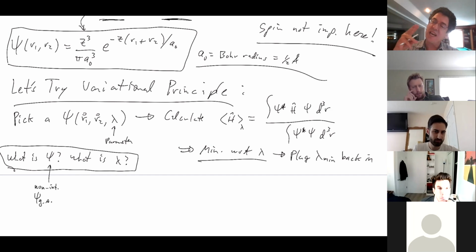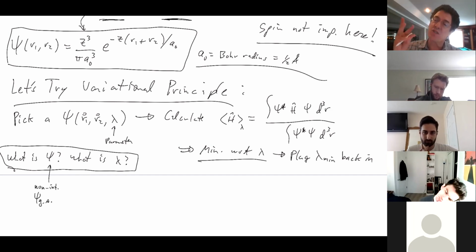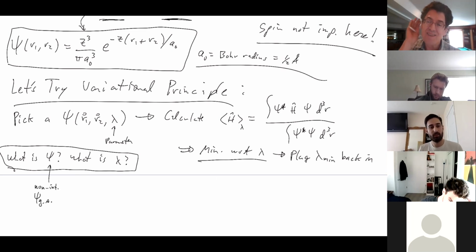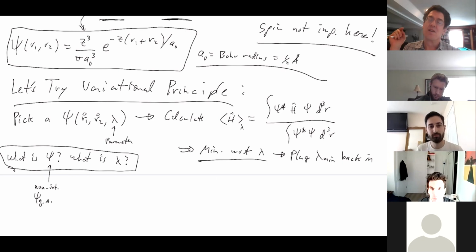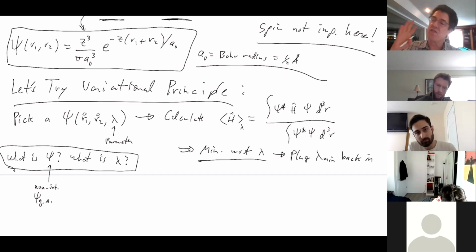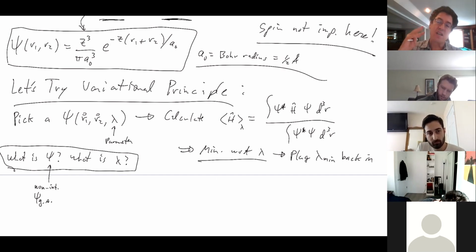So what you're saying is A naught is like a Bohr radius, but you're saying let's turn it into a variable radius. Yeah, turn it into just a regular radius. Perfect. Good. That would work. That's exactly the kind of thing that you do. That would give you the right answer.